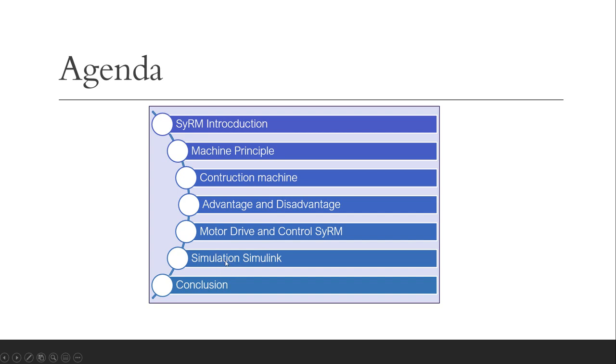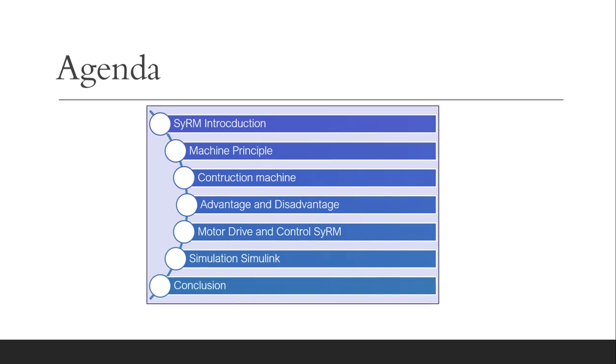In part 2 and part 3, we will find the Matlab Simulink simulation. And finally, the conclusion. The idea is that after reviewing this course, we will be familiar with the basics of the synchronous reluctant motor, and we will be confident to build the model and drive by ourselves.